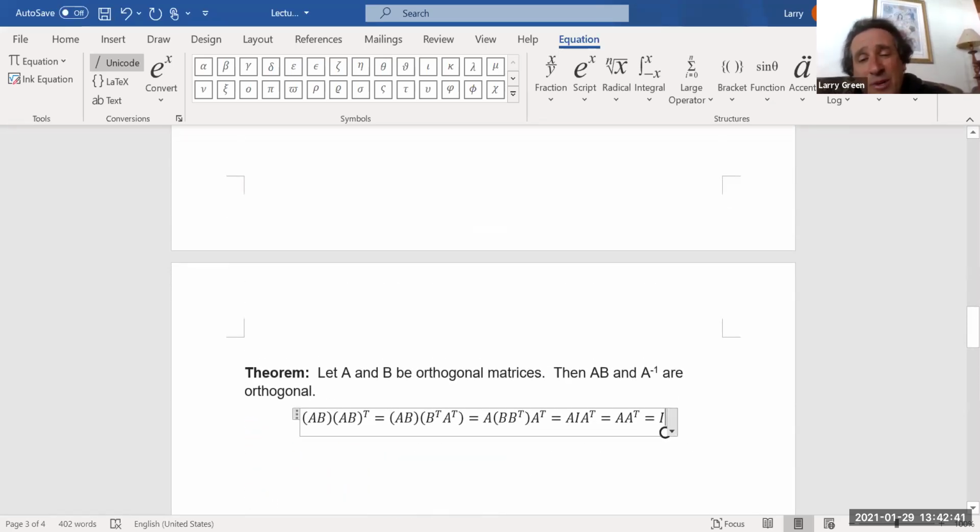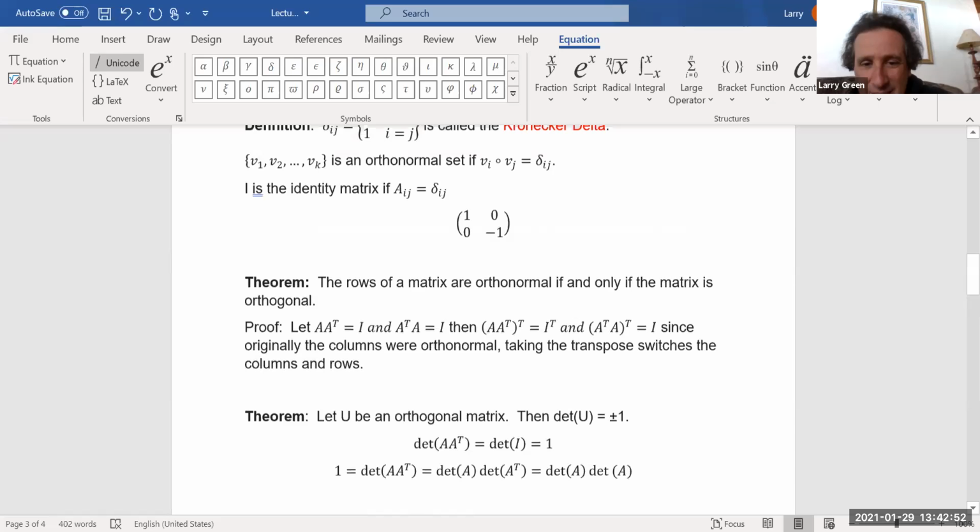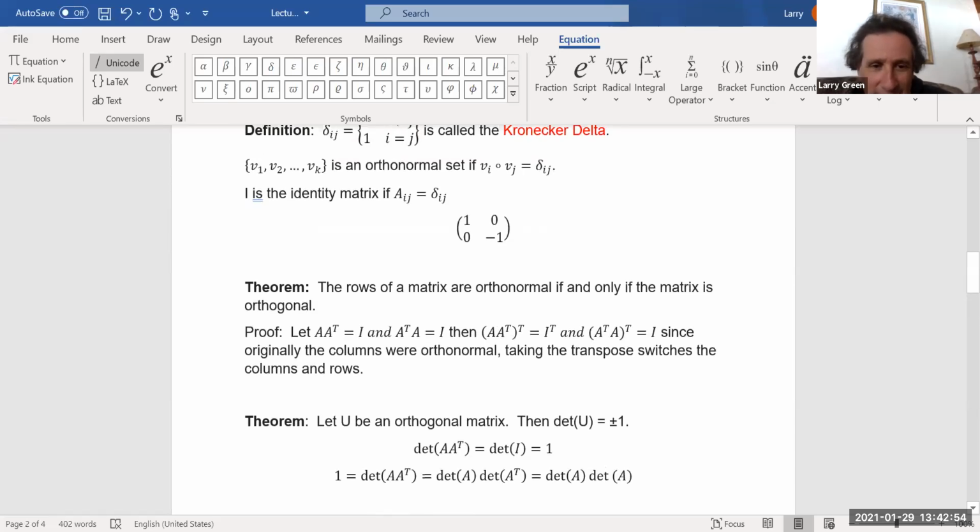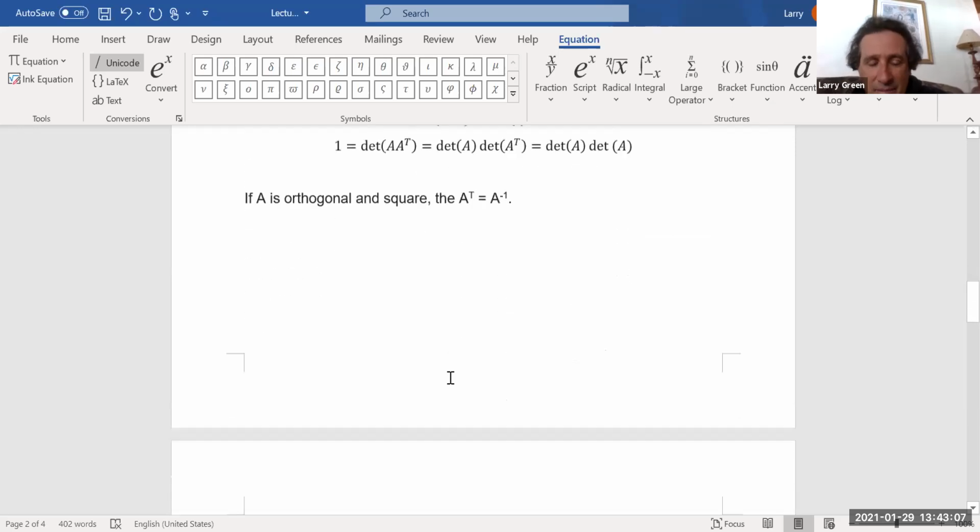And again, I'm not going to prove all of it because I'm hoping you know that if you switch the transposes, it'll still work. And inverse basically comes from the definition, because if you look at A A transpose equals the identity and A transpose A equals the identity, well, if it's inverse instead, you can switch them around and it still works. So same thing, same idea.